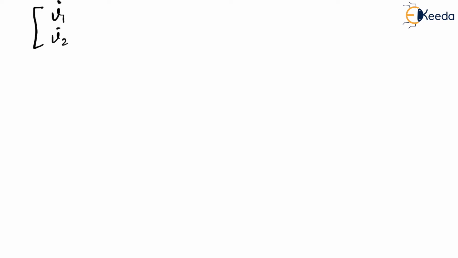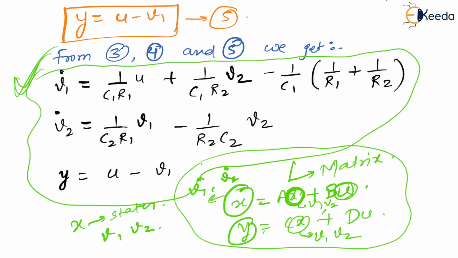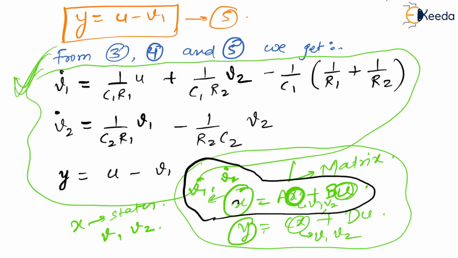We have v1 dot and v2 dot, because this x dot is nothing but v1 dot and v2 dot. So this is the v1 dot and v2 dot equation we have to consider.